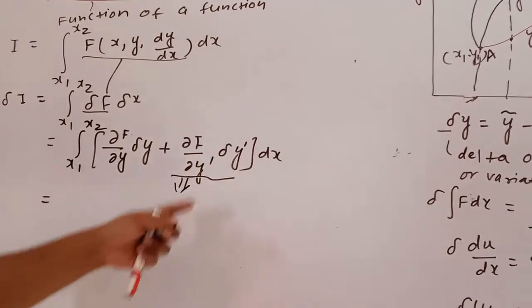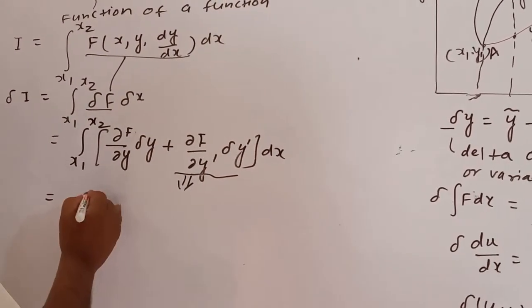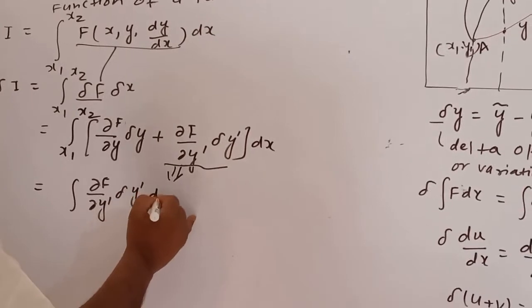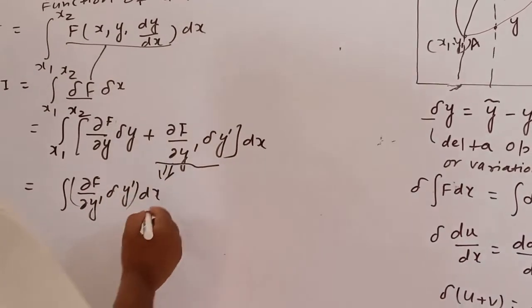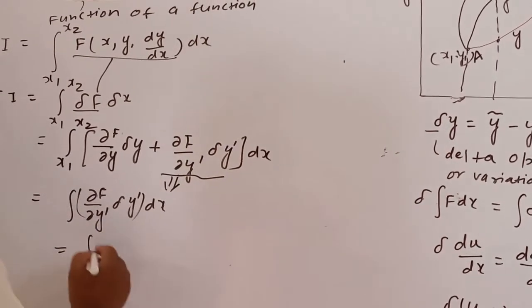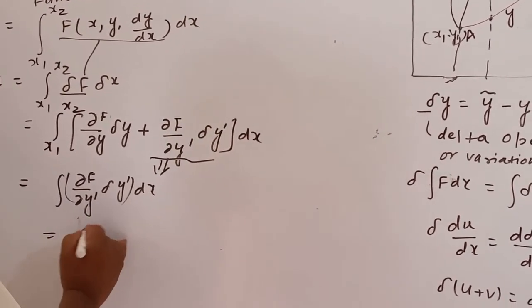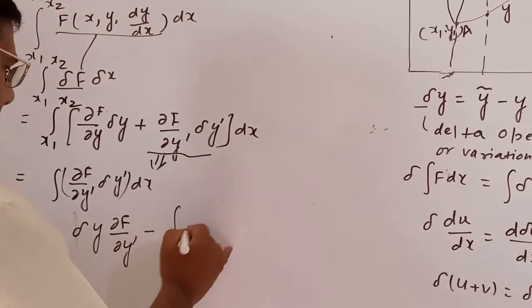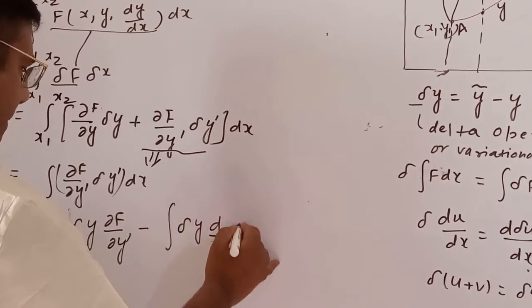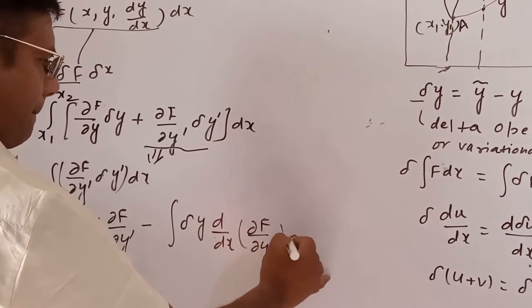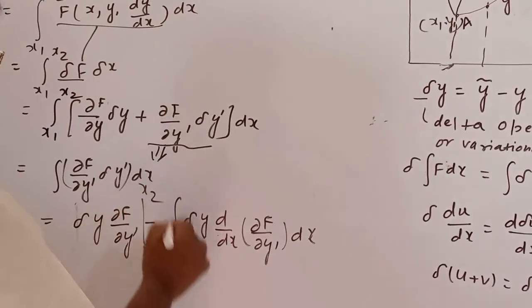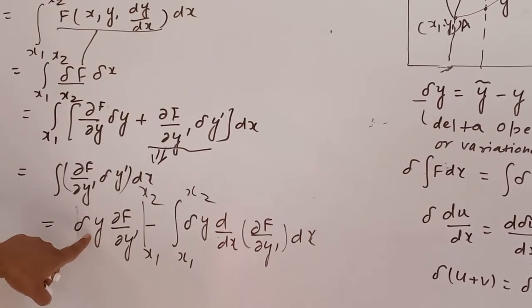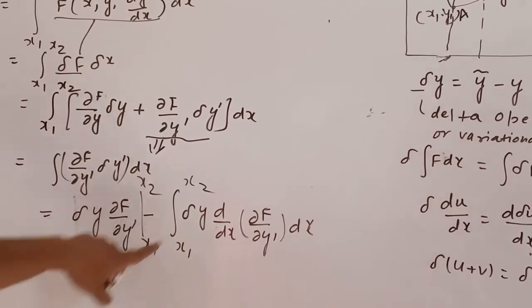We can further simplify this. So we have this thing, and here delta y at point x1 is 0, right?